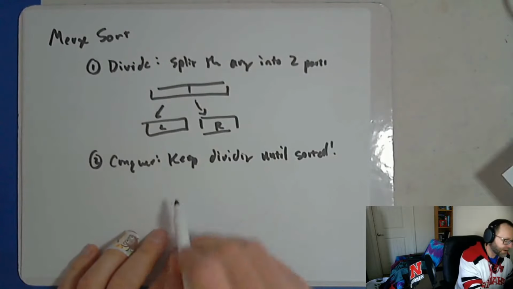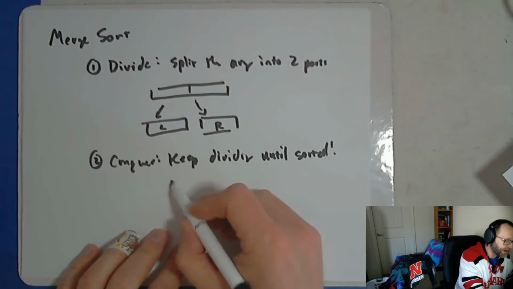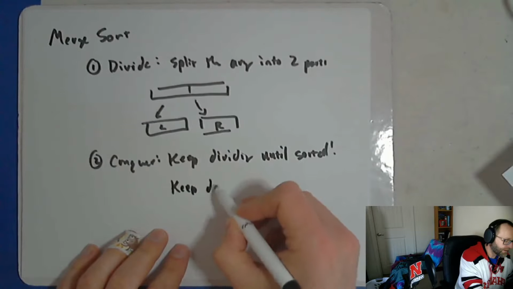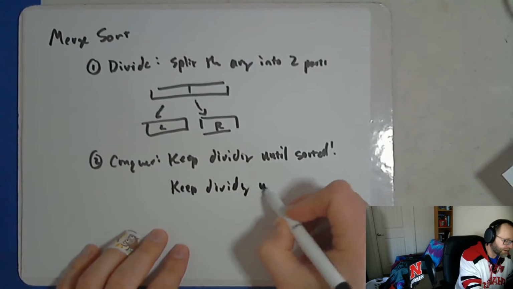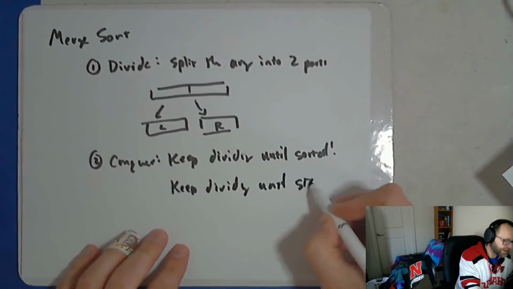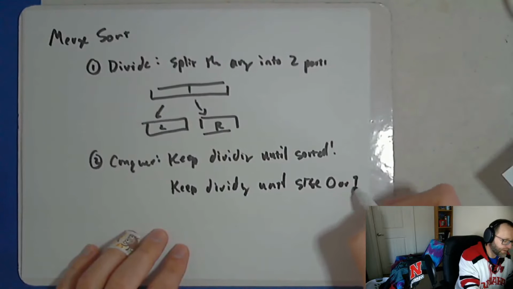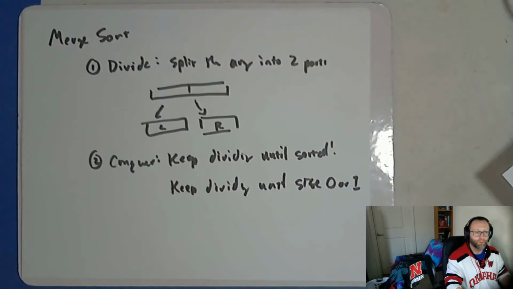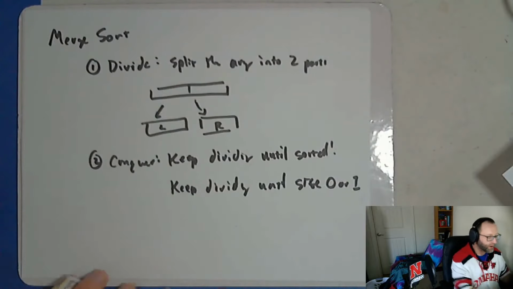In other words, you keep dividing until the size is 0 or 1. By definition, that's sorted. If it's an empty array, then by definition it's sorted. It's vacuously true that it's sorted. And if there's only one element in there, then there's nothing else to compare it to, so by definition it's sorted. Only when you have two elements or more do you have to actually worry about the ordering. So that's the conquer part.